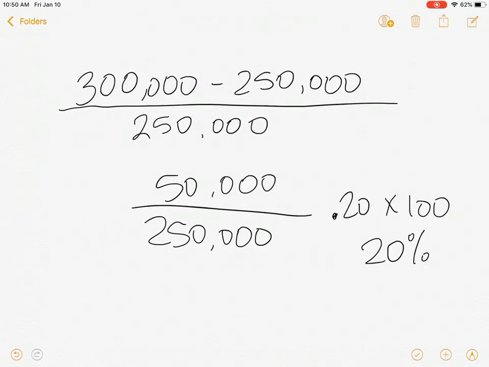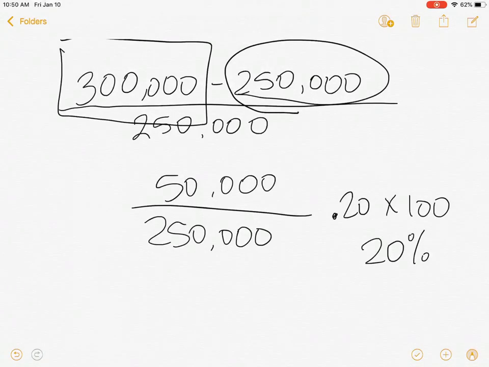Now, services rose from 250,000 to 300,000 in that one year time frame. So that is a 20% increase in coding services. Now, this is a negative variance.